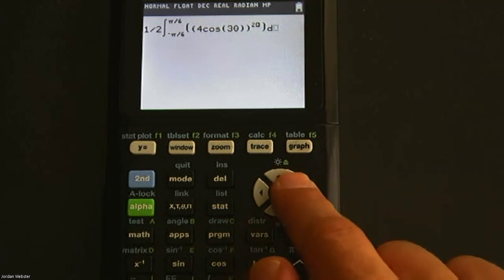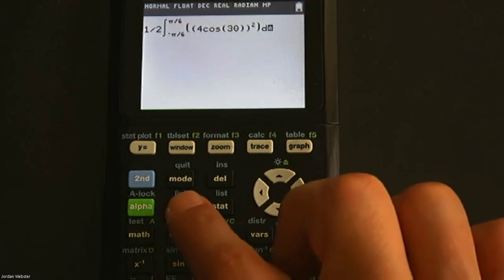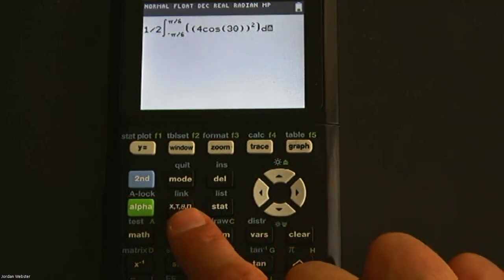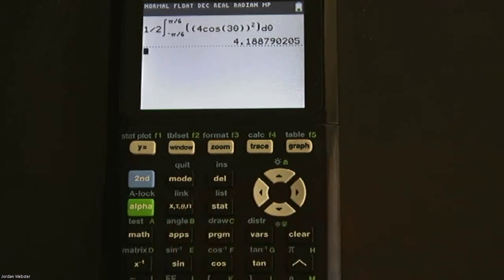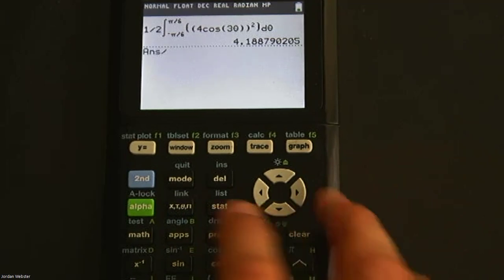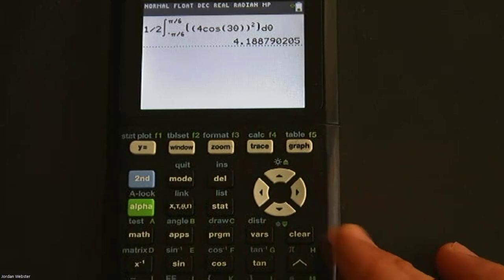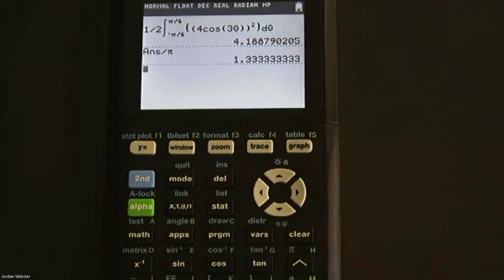I want to square that entire quantity and then integrate with respect to theta. So once I hit my variable key, I get about 4.19, which if I just divide by pi, you can easily see that that's 1 1/3 times pi. So 4/3 times pi is what I'm ending up with.